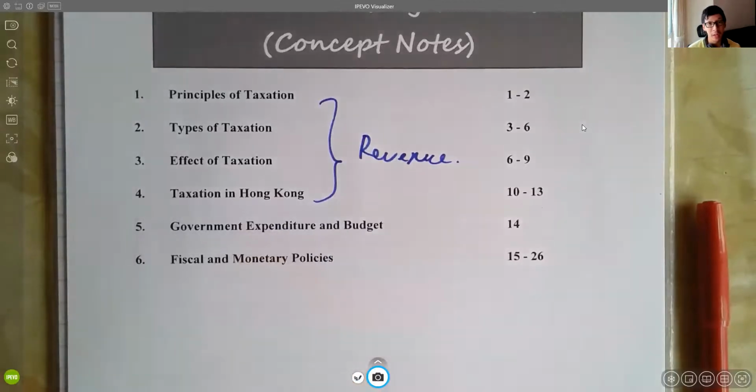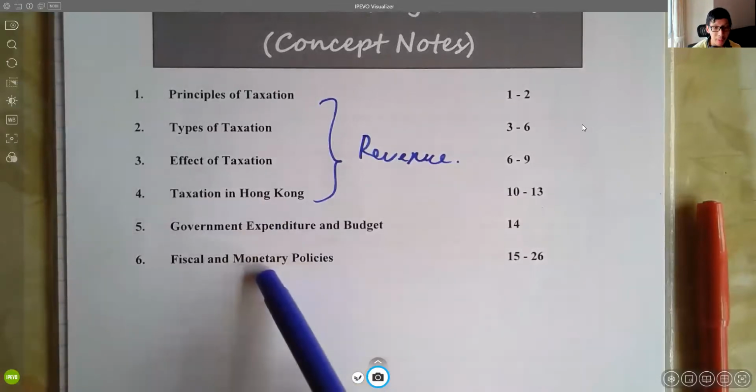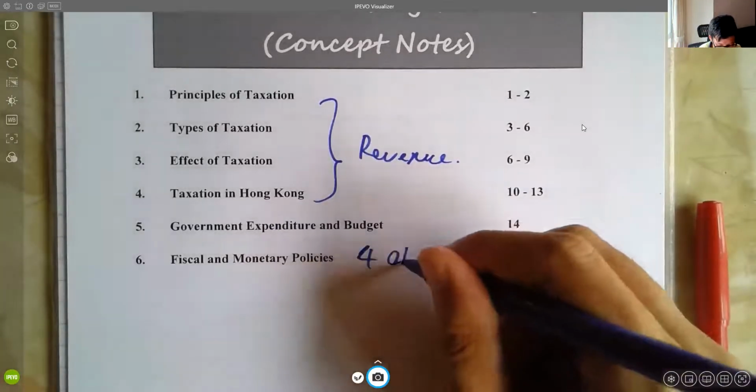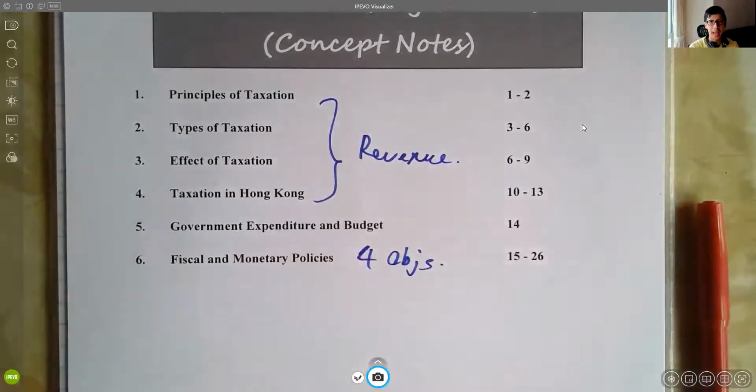Those are not exactly too difficult. But the last part, we are going to talk about fiscal and monetary policy, in which there will be four objectives that we need to balance, and there will be a lot of data response questions. So it will only get harder and harder.